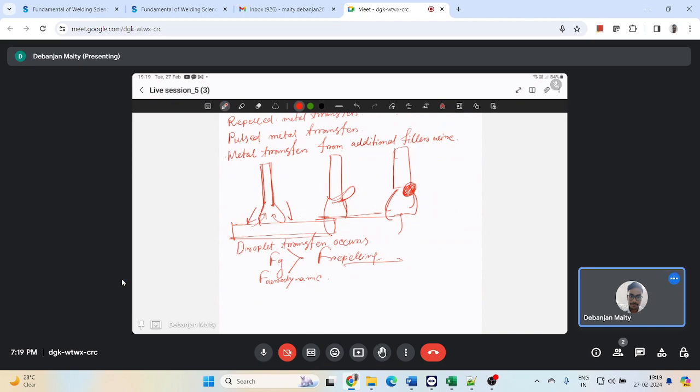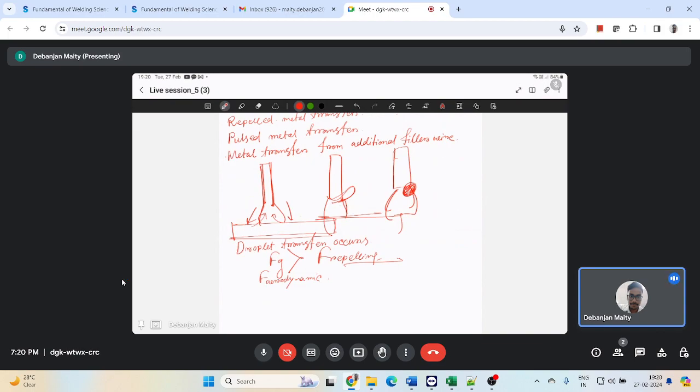So yeah, pulse transfer, you can think of it as some kind of controlled method of spray transfer that occurs at some kind of constant current. In this case the transfer of the metal from the electrode tip occurs only at a period of pulse, or when there is a peak current.